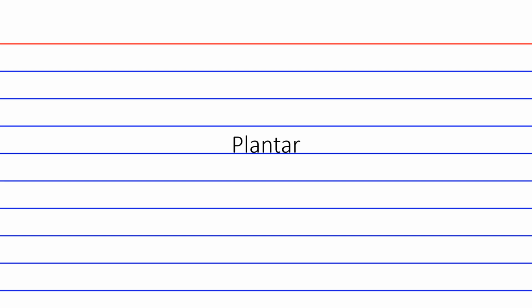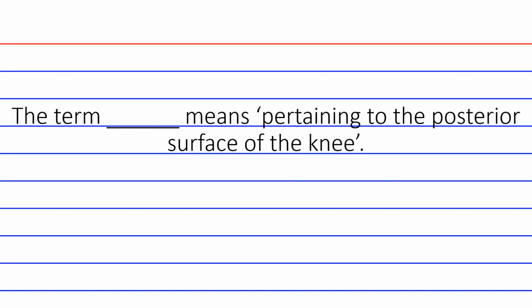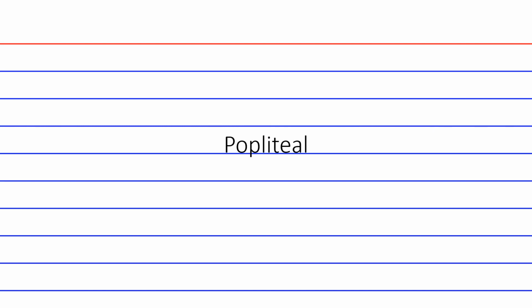Sole is going to be what hits the ground first, so the sole of your foot is the plantar. This term means pertaining to the posterior surface of the knee, right? So the anterior surface is the patellar region. The posterior surface is the popliteal region.